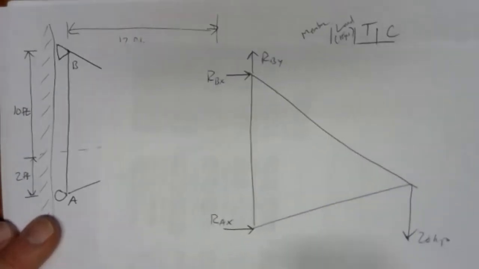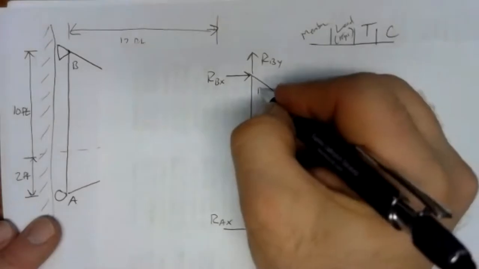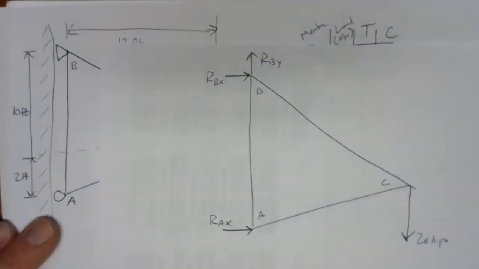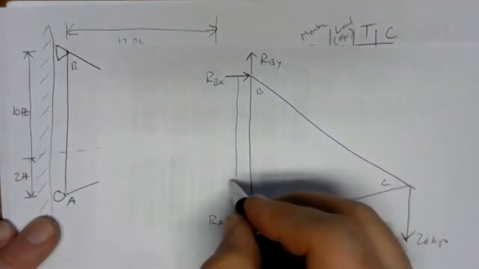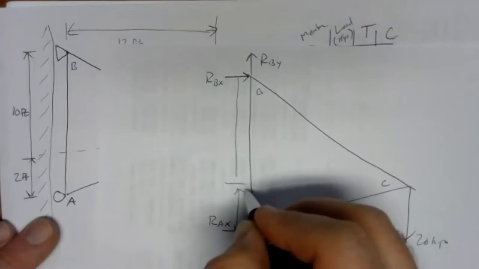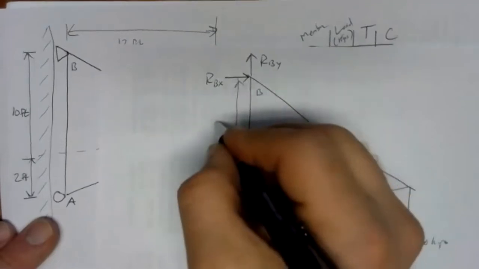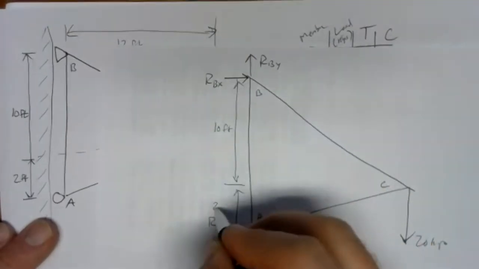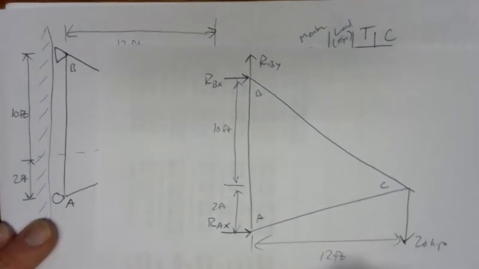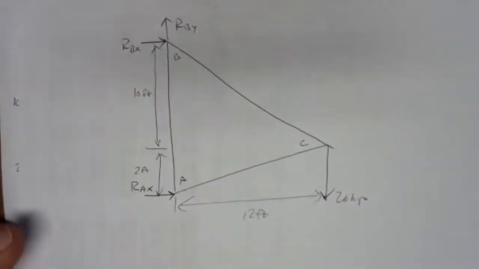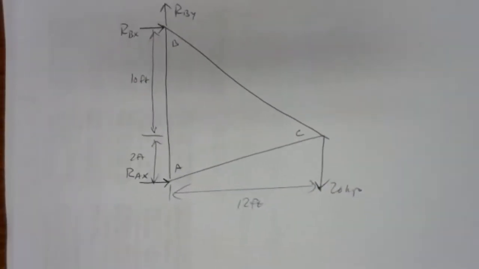And then I've got the members A, B, and C, and the geometry, which we'll copy over here: 10 feet, 2 feet, and 12 feet. So there is our free body diagram for the external problem.